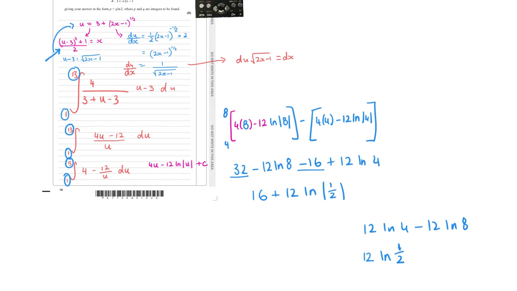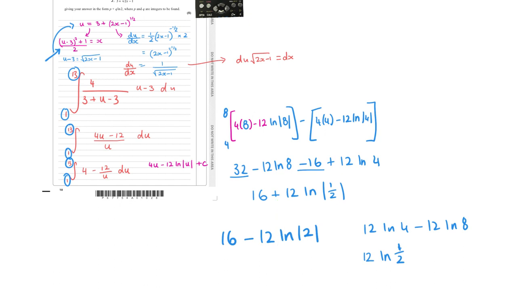What would I have to take out? A power of -1. So this then becomes 16 minus 12 ln of 2. Because if you think, a half to the -1 is going to give me 2. And if I write this as 2 to the power of -1, using log laws, I can bring that down, right?